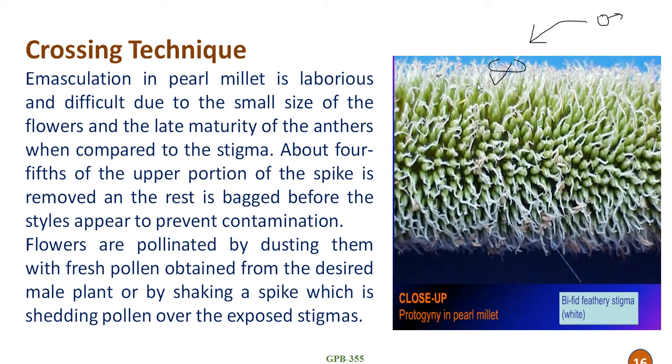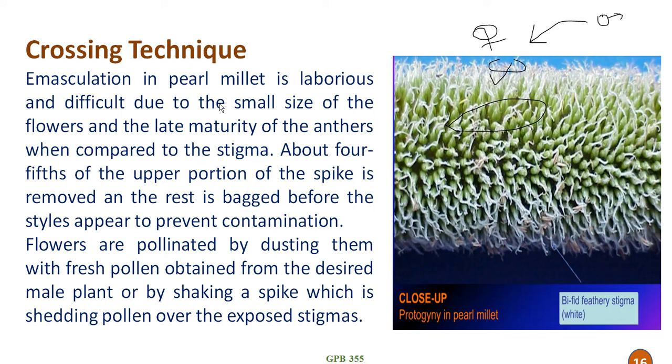So these are all female parents, and their anthers are still not mature, so we can use another male parent and produce hybrid here. In the case of bajra, we need not do emasculation as such. By using this protogyny condition, we can easily produce the hybrid without emasculation.